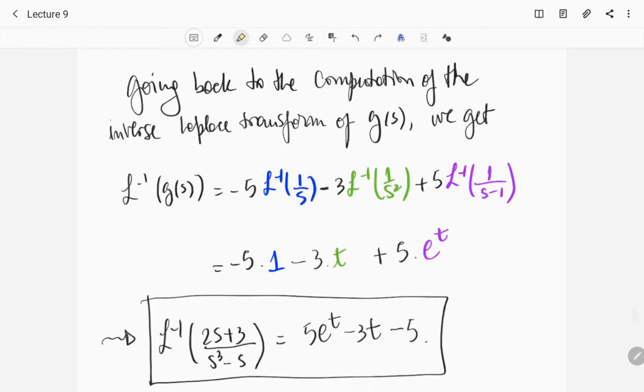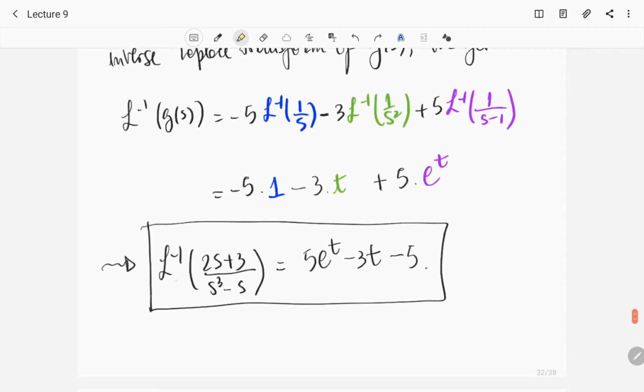So finally, our inverse Laplace transform of our function g is 5 exponential to the power t minus 3t minus 5. And the key here was first to rewrite the function as its partial fraction decomposition. Secondly, using the linearity of the inverse transform, and then properties of the Laplace transform and well-known Laplace transforms.